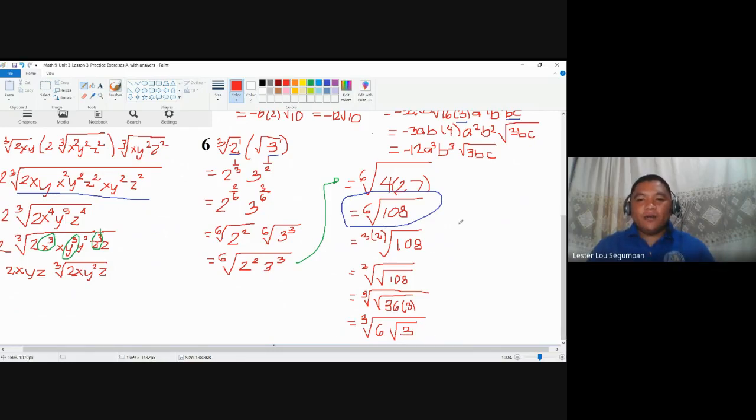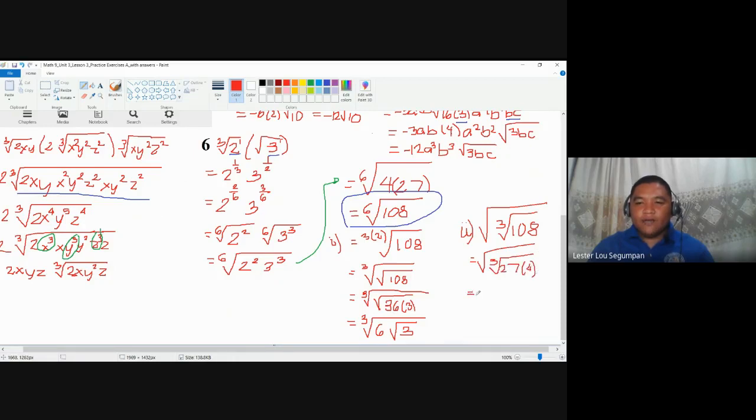The second form is, instead of using square root, we will use cube root. Okay, and we will have another form. Let's have this as the double I. You have here square root of cube root of 108, with the perfect cube factors 27 times 4.